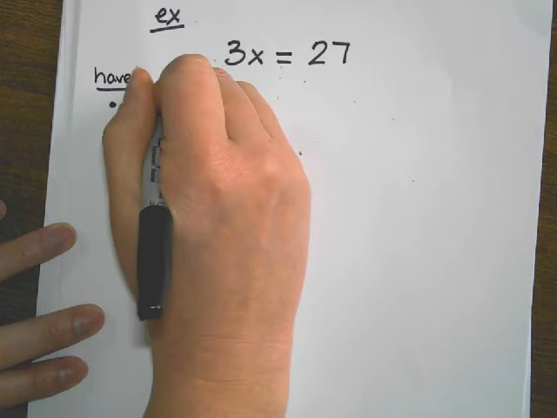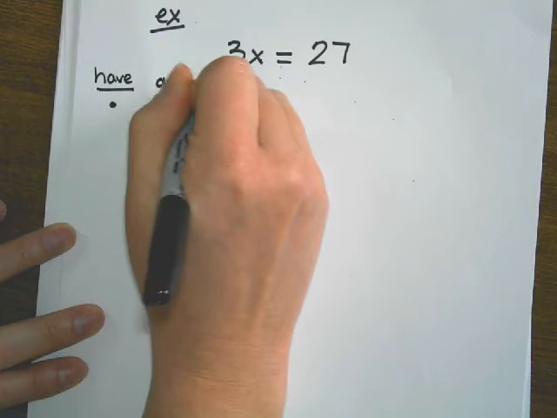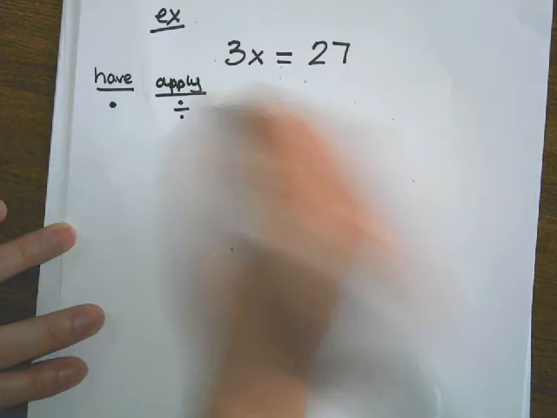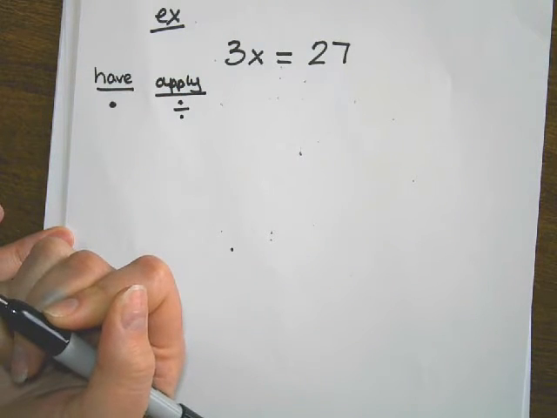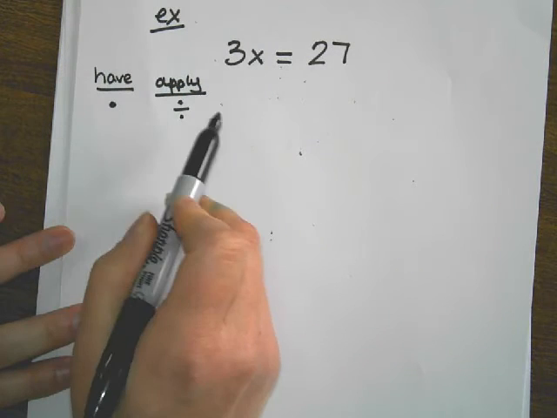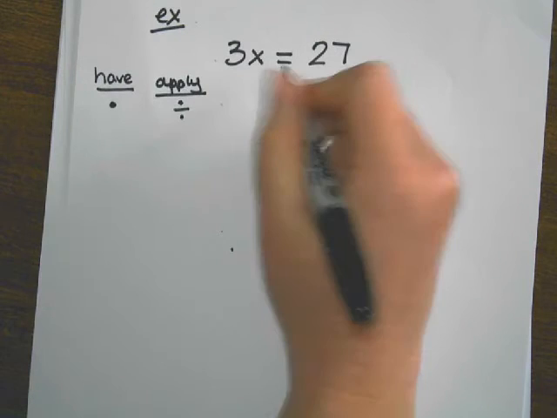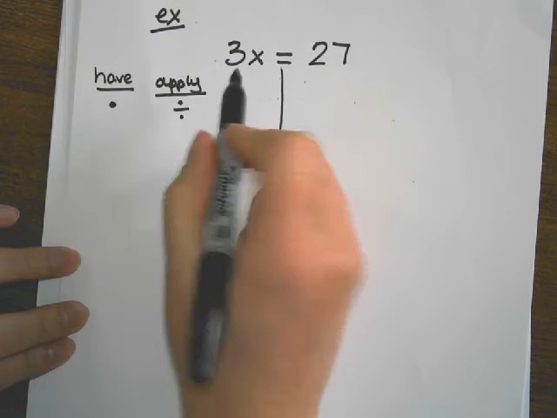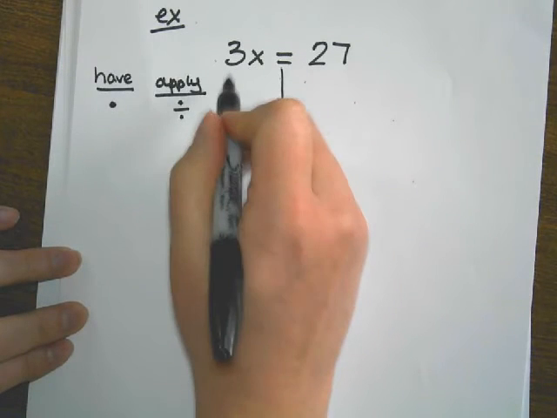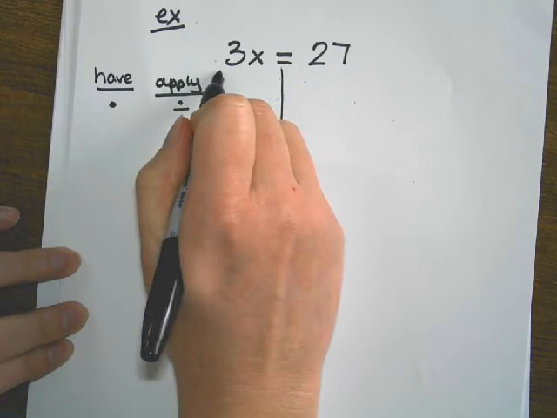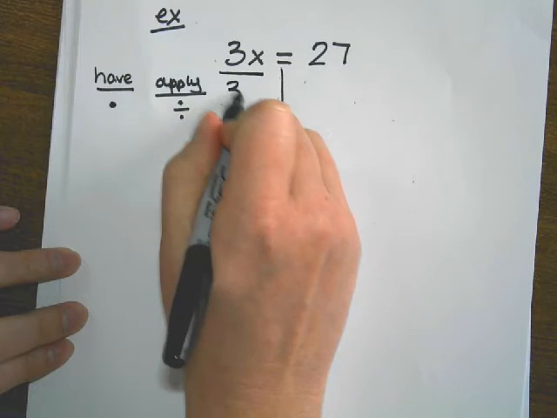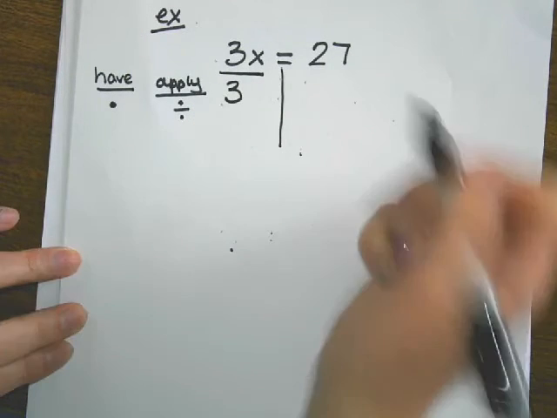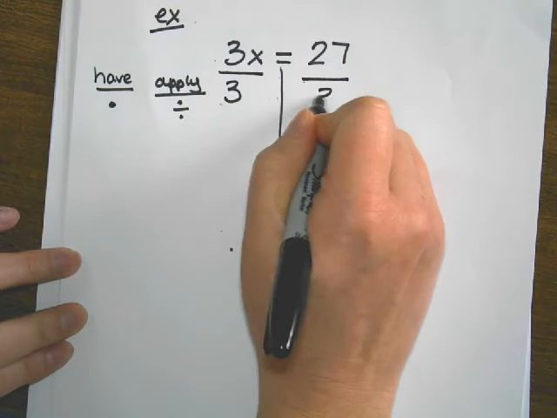If I have multiply, that means I need to apply divide. I have multiplication, I need to apply division. So on my sides of my problem, I have 3 times x. I need that 3 to cancel out. Well, the way that we cancel out multiplication is division. So I'm going to divide both of these sides by 3.